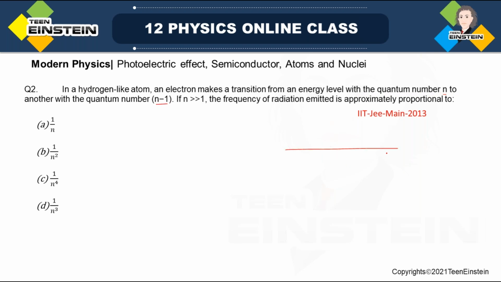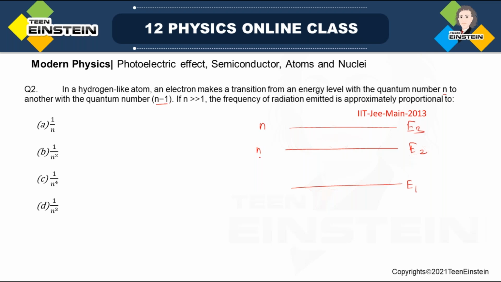So let us say one hydrogen like atom is there. There are many levels obviously. Suppose this is the ground level E1, this is E2, and this is E3. Here n is some index, suppose this is n and this is n minus 1.